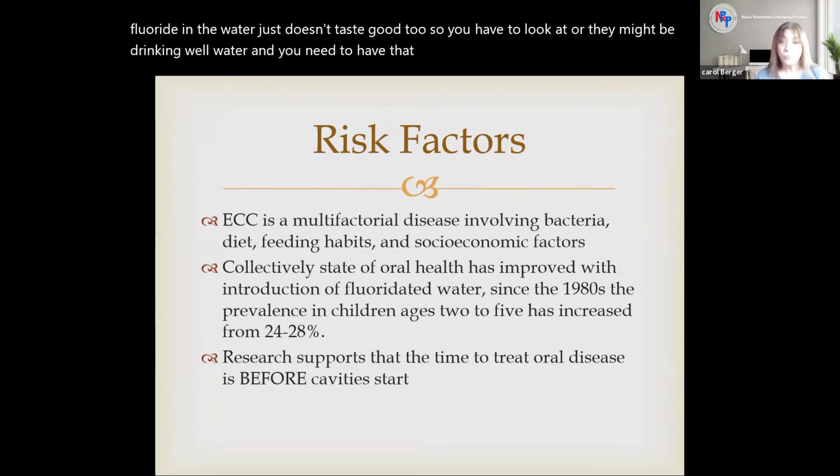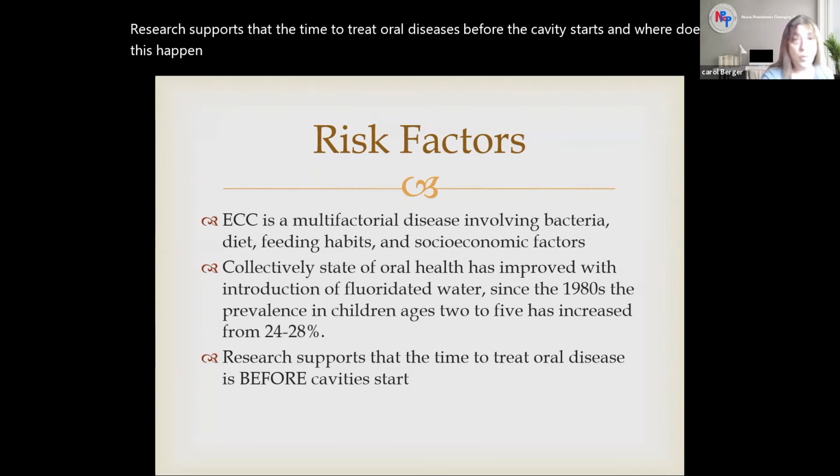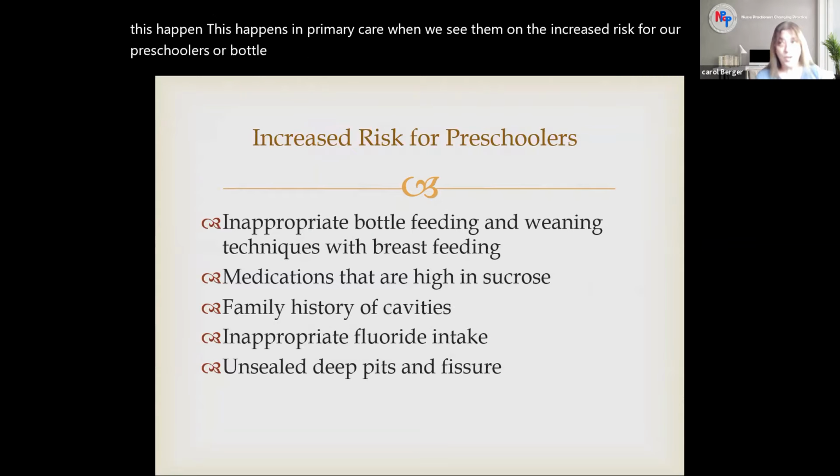So research supports that the time to treat oral diseases is before the cavity starts. And where does this happen? This happens in primary care when we see them. The increased risk for our preschoolers is bottle feeding. We should be teaching, when we do our well-child visits, about sugary drinks and getting that sugary substance off the teeth, brushing their teeth, how to do it, how to wean, avoiding the sugary Kool-Aid drinks and things like that.